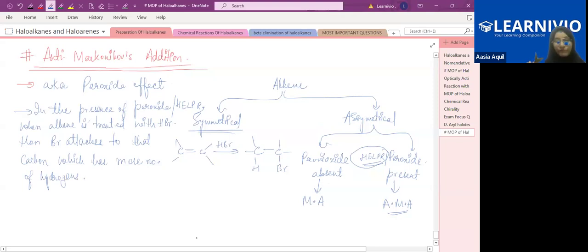Clear? So your negative part will attach on that carbon where more hydrogens are present.